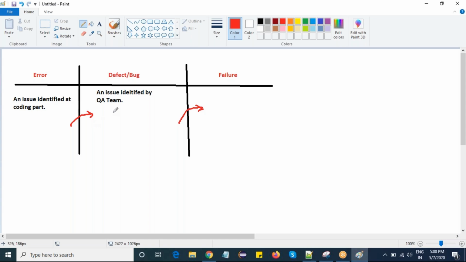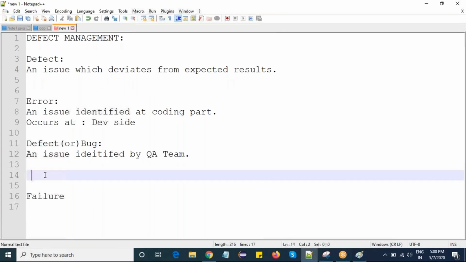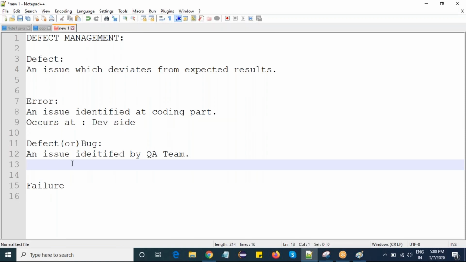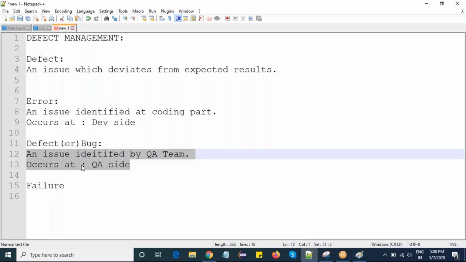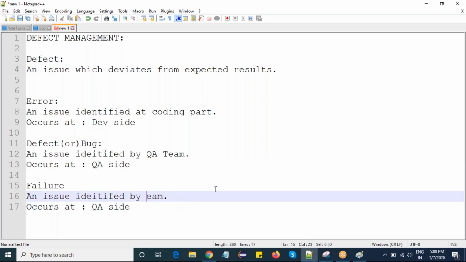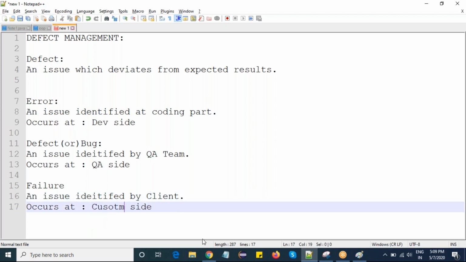If that defect is ignored by the QA team and moves to the further phase, to the customer side, then we call it a failure. And if that issue is identified by customers or clients, we call it a failure at the customer side.